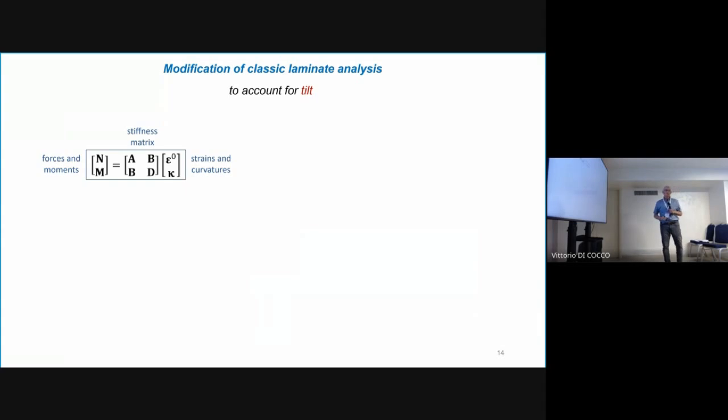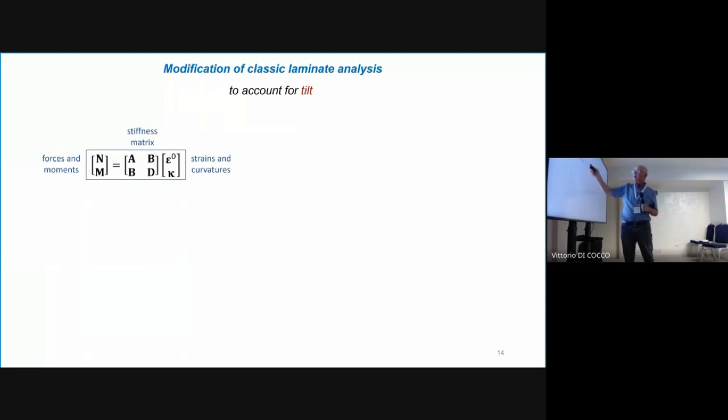And so what you do then, for those of you who know a little bit about composite materials, is laminate analysis to study mechanical properties of composites, but we have to account for tilt. It's not in there. So this is the relationship between forces and moments and strains and curvature with the stiffness. So this is stress strain, basically.